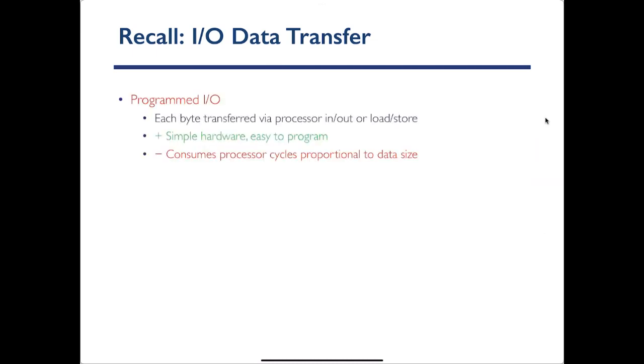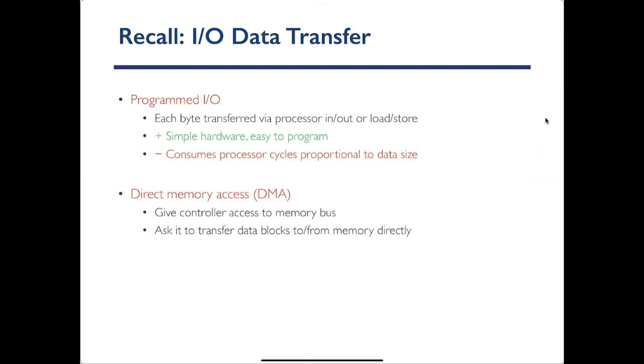Okay, now just a reminder again of what we saw previously, probably in lecture 2. We talked about programmed I/O and direct memory access. With programmed I/O, for every byte that is transferred between the CPU and the device, the CPU is active. So the CPU uses in and out or load and store to communicate with the device.